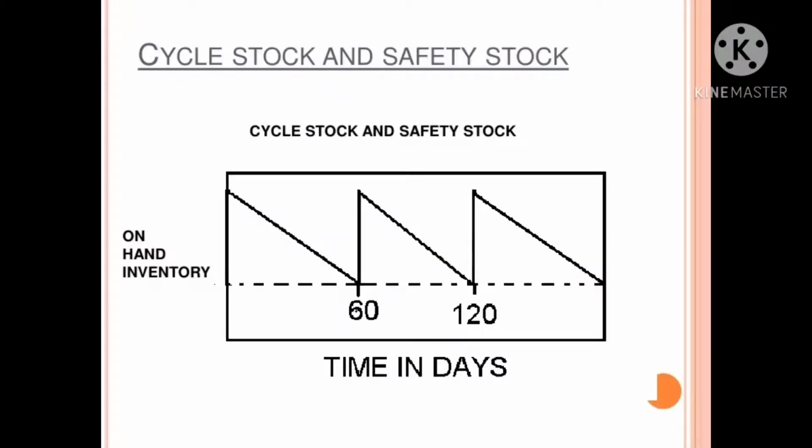Next is the cycle stock and safety stock. First is the cycle stock. It is the amount of the inventory that is planned to be used during a given period of time. And the safety stock, or what we call buffer, is an inventory that is not planned to be consumed but is held in case of an emergency.